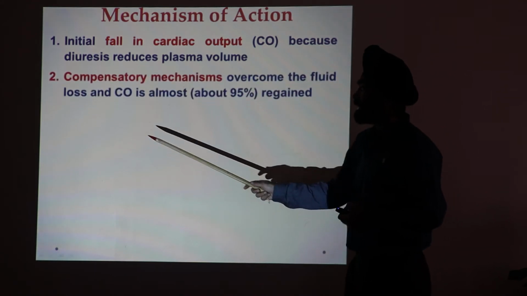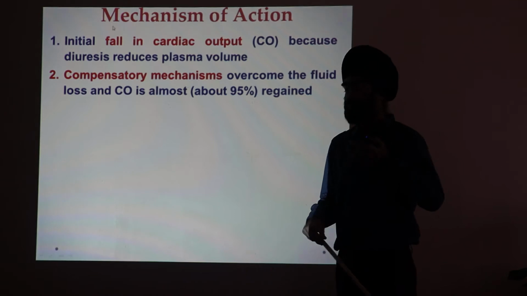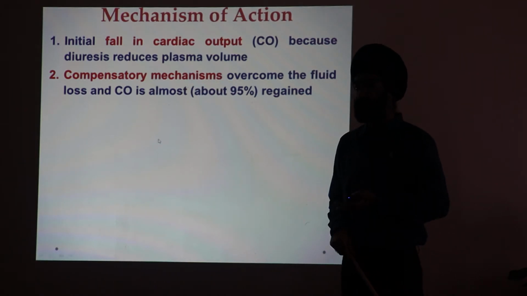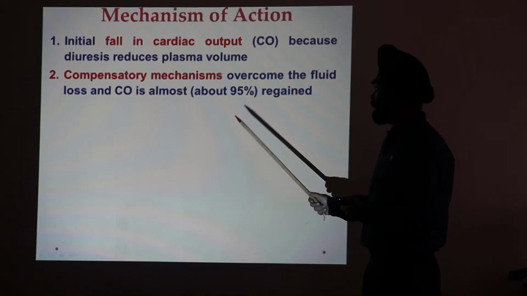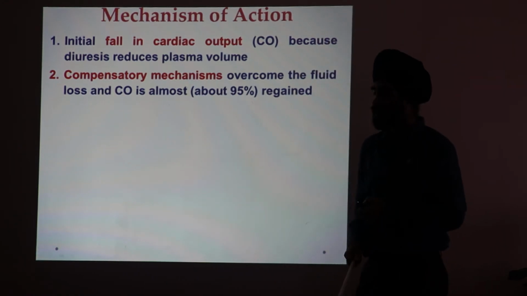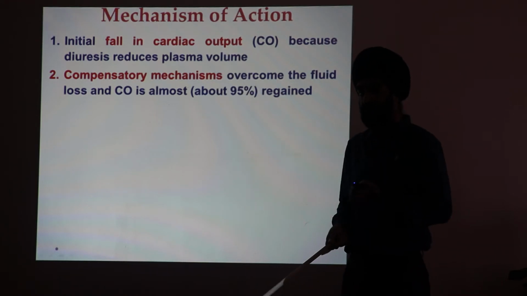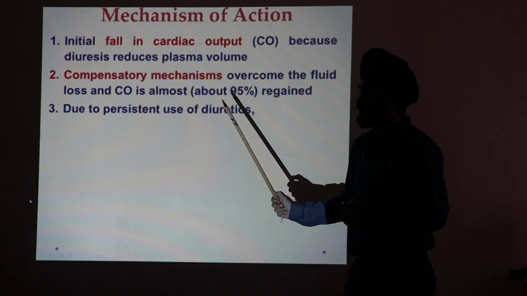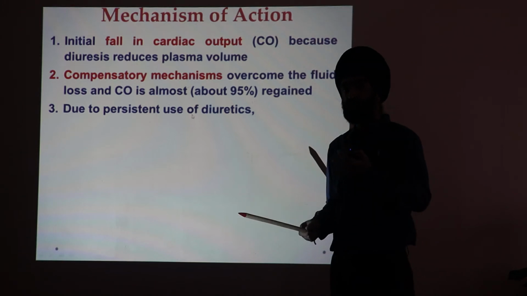So what happens in the second step? Initially you have reduced the cardiac output, but compensatory mechanisms are activated in the body. They try to regain the fluid volume, they try to maintain the cardiac output, and ultimately this happens: about 95% of the cardiac output is regained. Obviously if this mechanism did not operate, BP should come to normal, but because we are using diuretics for a long period of time, as I told, within 2 to 4 weeks they produce the effect.